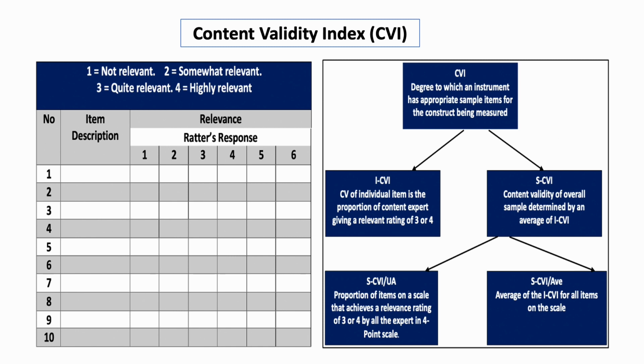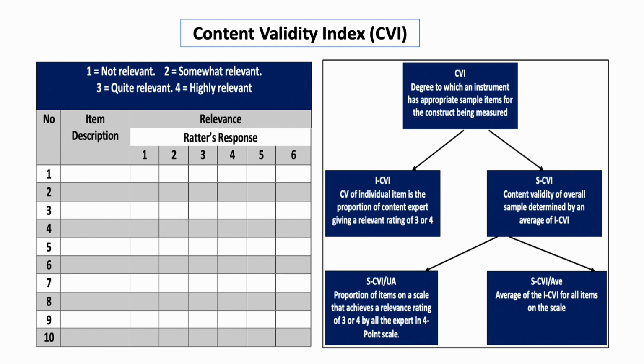a mathematical calculation is used to determine the content validity index, which is the degree to which an instrument has an appropriate sample of items for the construct being measured. And this is measured in terms of the individual CVI of each item and the sample CVI of all the items.